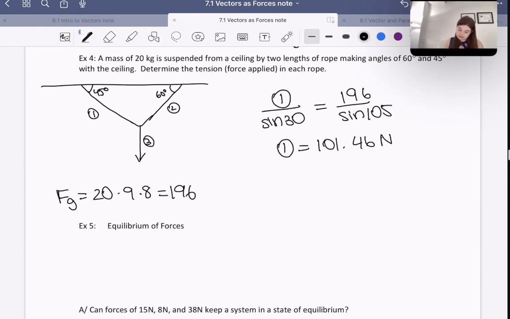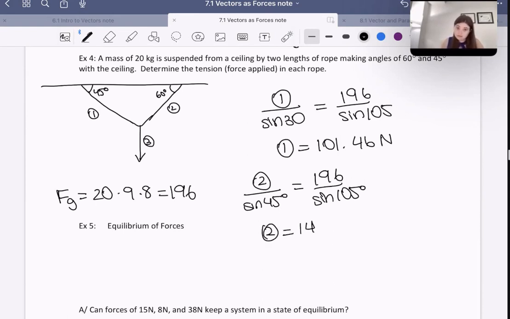Now, what about the second force? Well, the second force over sine 45 equals 196 over sine 105. And that's going to be equal to what? That's going to be equal to 143.48. And then we already found force 3, right?